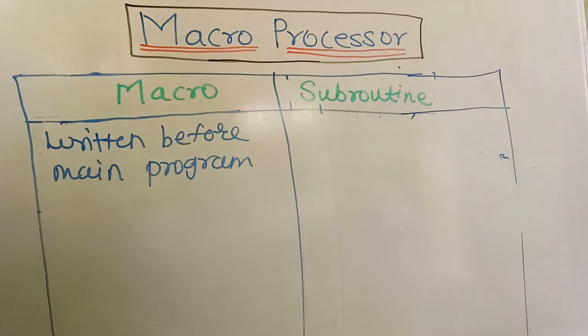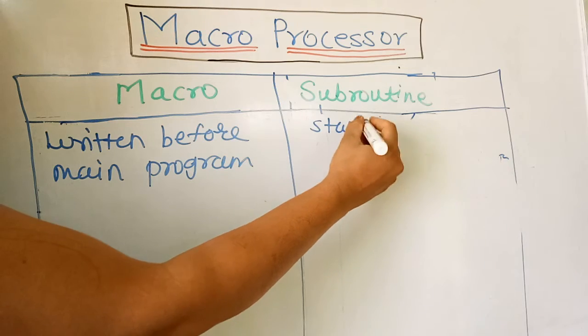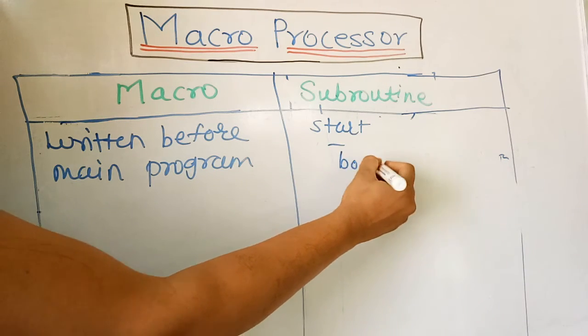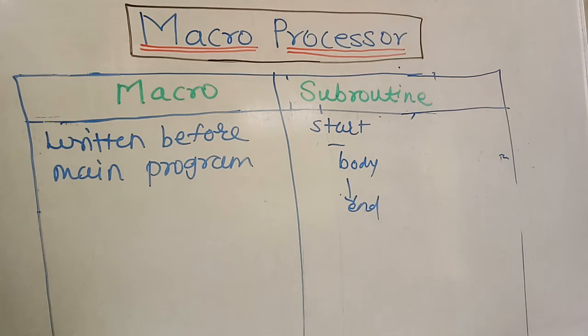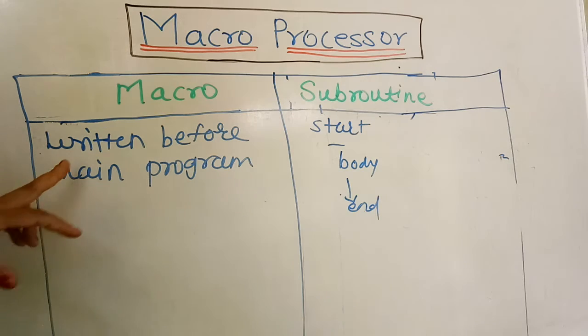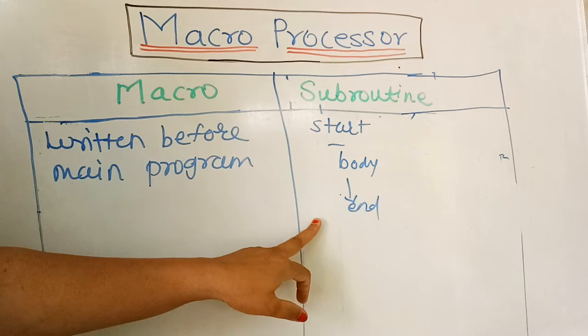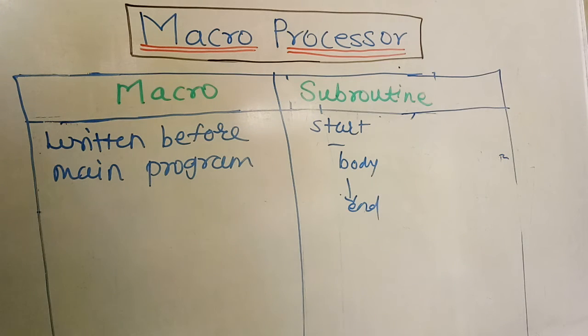But in assembly level as well as in high level languages, a subroutine can be defined anywhere, so at the start, in the body, or at the end of the program. So a macro is basically written before the main program, but in high level languages a subroutine can be written anywhere.